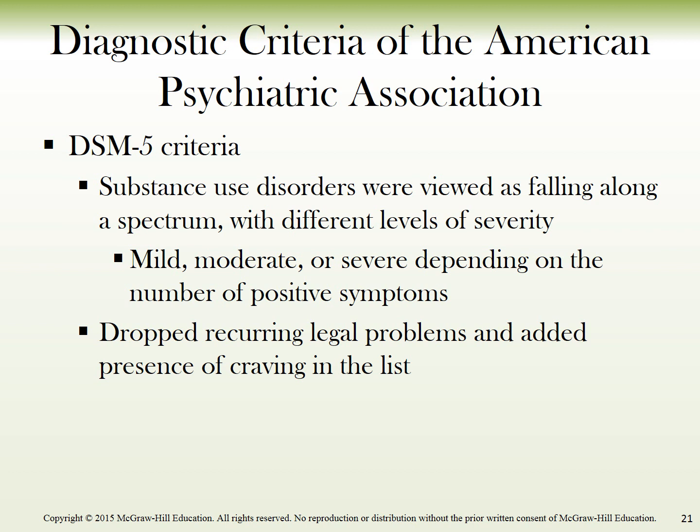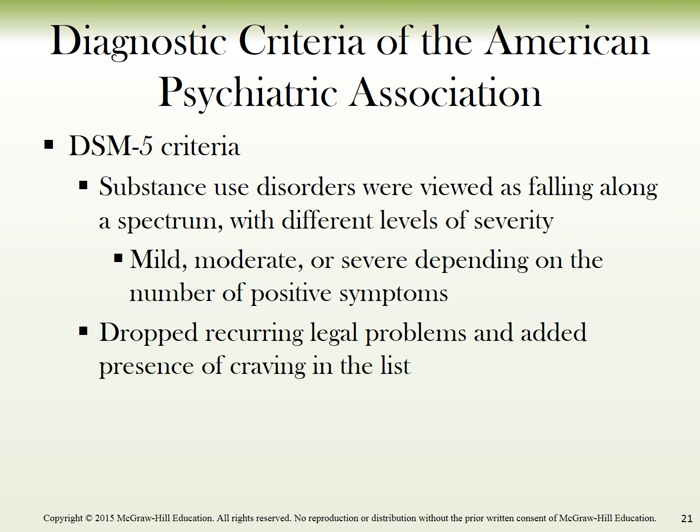Again, you're going to take a look at another PowerPoint on the current DSM-5 criteria. We now have dropped reference to substance abuse and substance dependence. They're now classified as substance use disorder, and there's a spectrum. There's a total of 11 symptoms, as you see at the top of page 102.